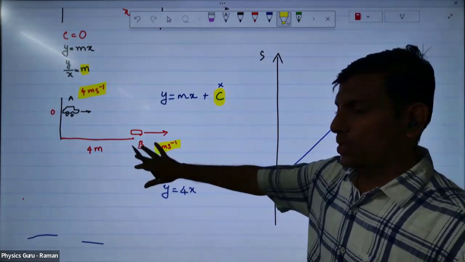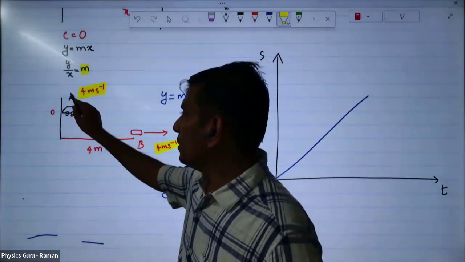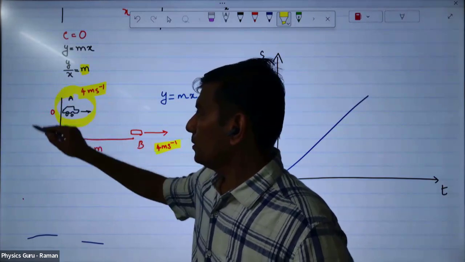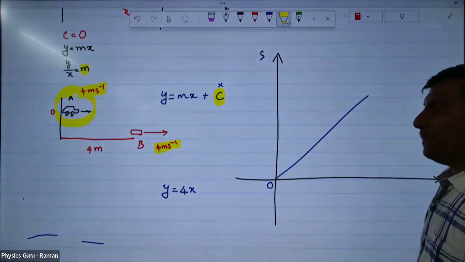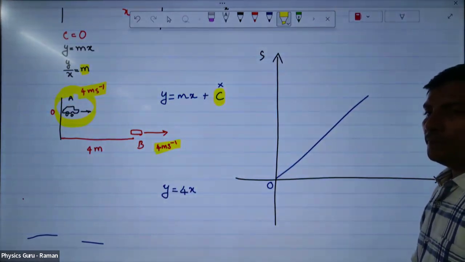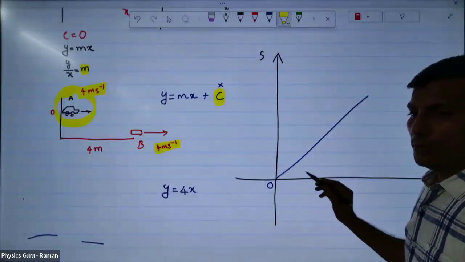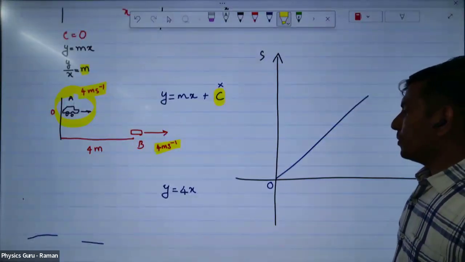According to this situation, this person starts from the origin. Am I right? Harini? Yes, sir. Priya? Yes, sir. Okay. So it starts from the origin. So his value of c is equal to 0.